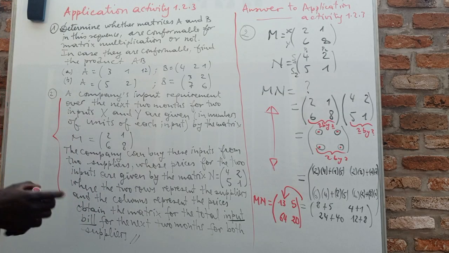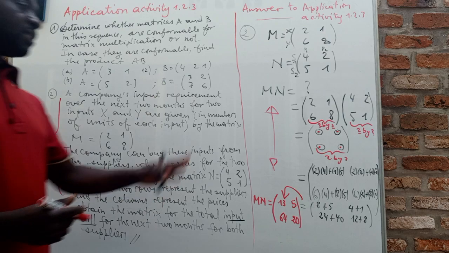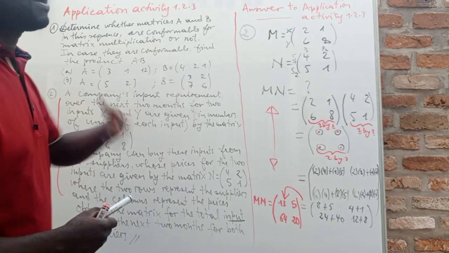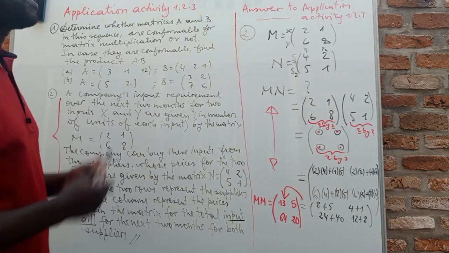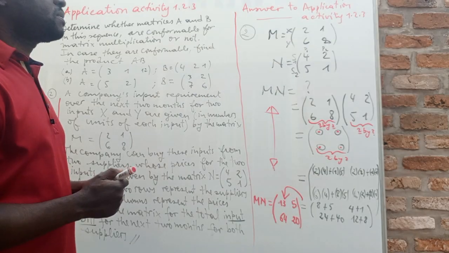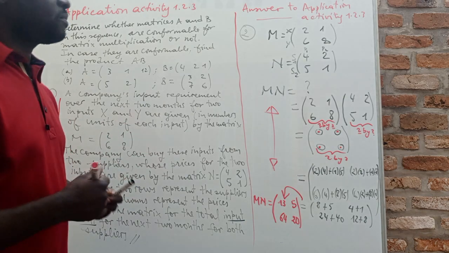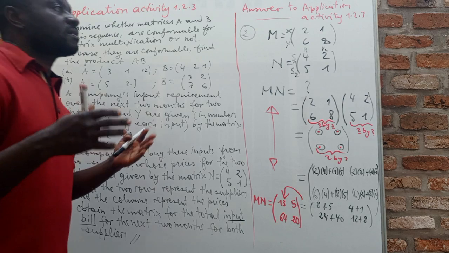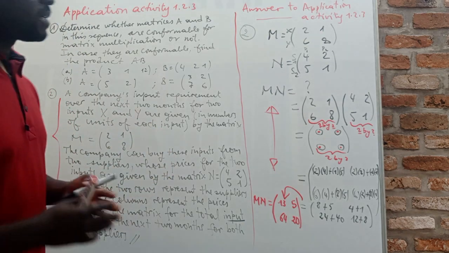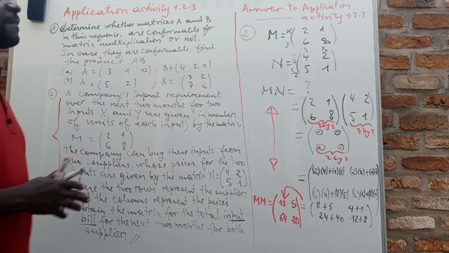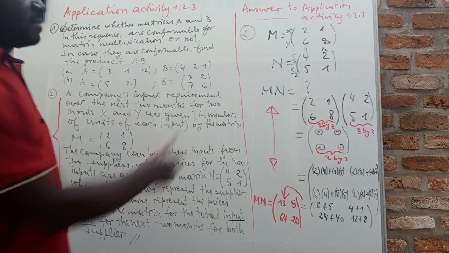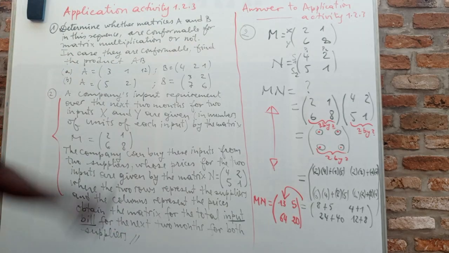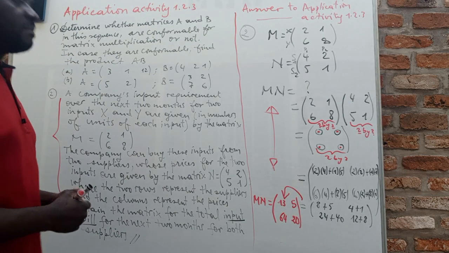Next time we're going to be talking about inverse of matrices, as we now have enough information about operations, especially binary operations, such as addition, subtraction, multiplication by a scalar, and now multiplication of a matrix by another matrix, which is called just matrix multiplication.